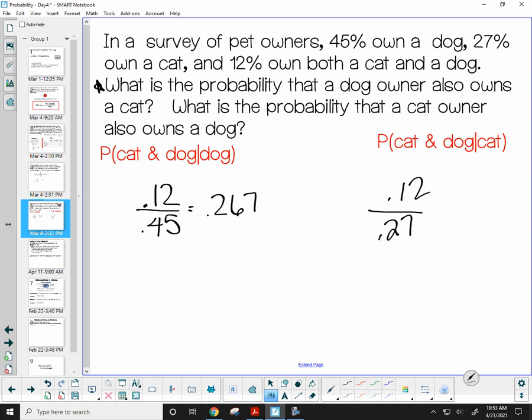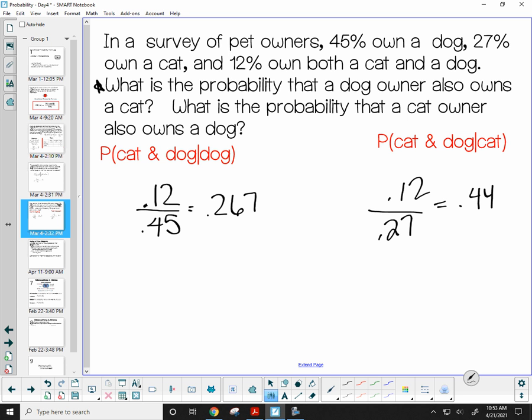So 0.12 divided by 0.27 gives me 0.4 repeating. Is that okay? It's faster than making a table, even if you can only do part of a table, but if you need the table, make a table. Good?